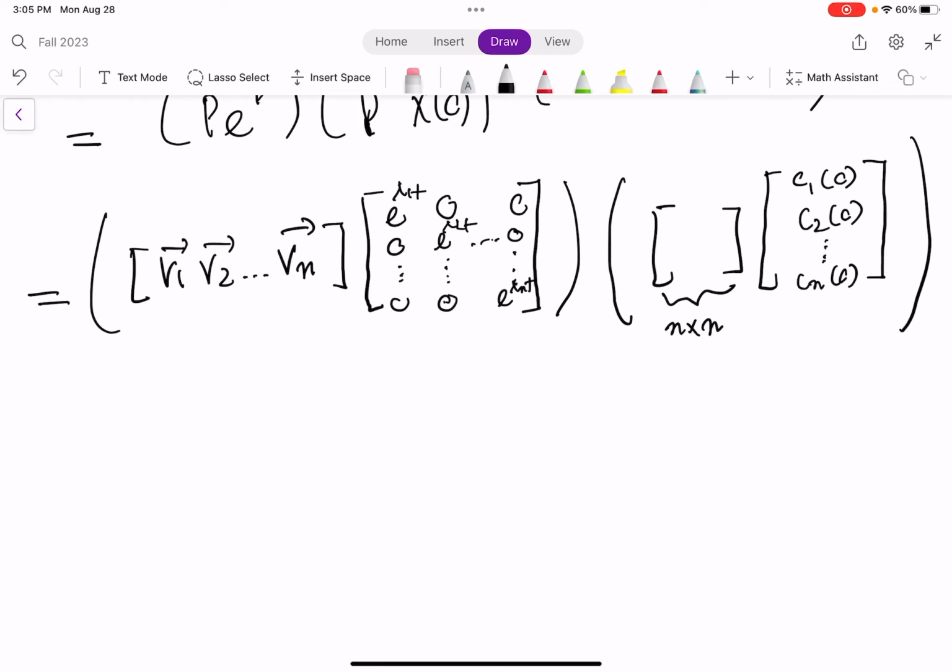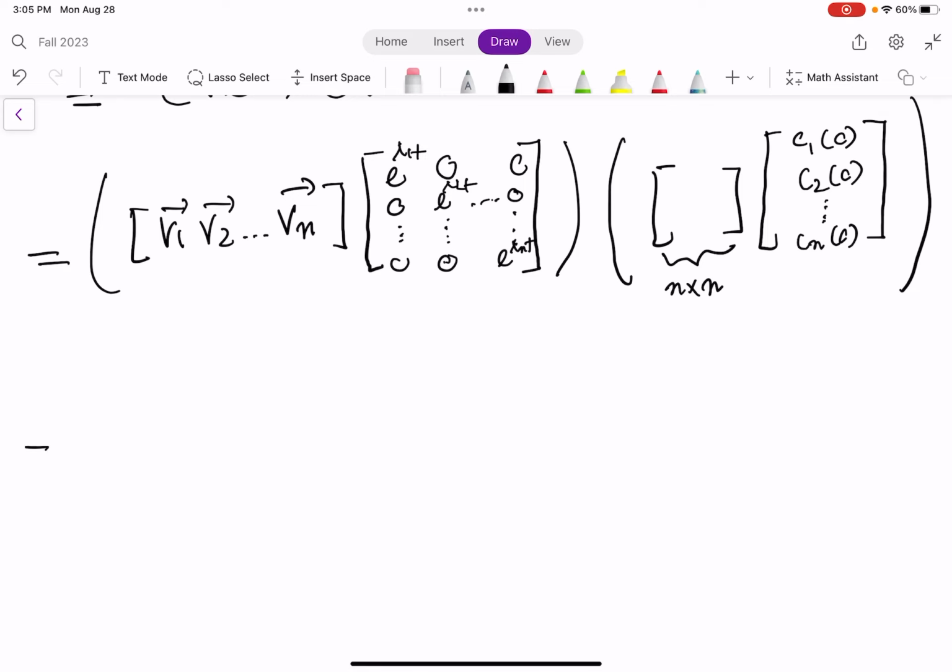If you recall our matrix multiplication video, on the left hand side we apply each of v1, v2 to each of the column vectors. So we apply v1 to e to the lambda 1 t, 0, all the way to 0, and then you do the same for v2, applied to 0, e to the lambda 2 t, 0, all the way to vn.